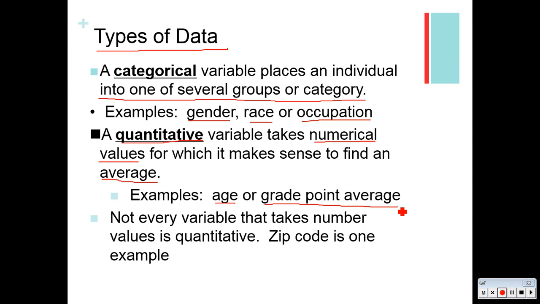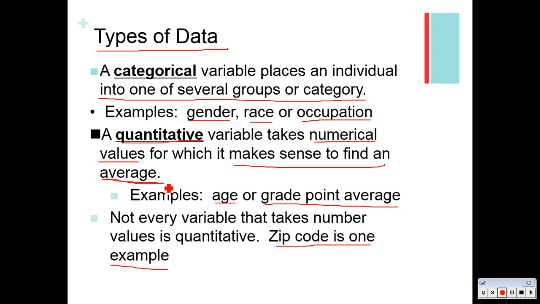For instance, zip code would be one example of a value that's numeric. However, that would be an example of a variable that is categorical. And the reason for that is because it doesn't really make much sense to find an average for a list of zip codes.